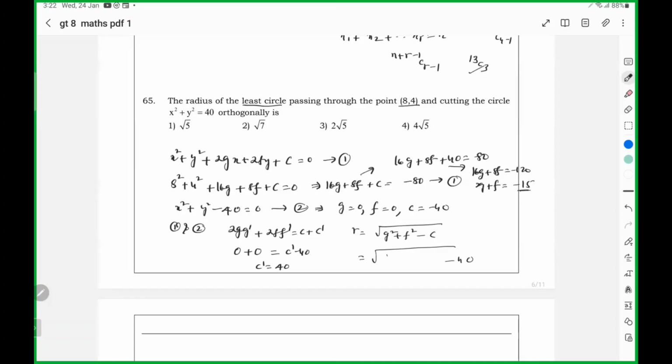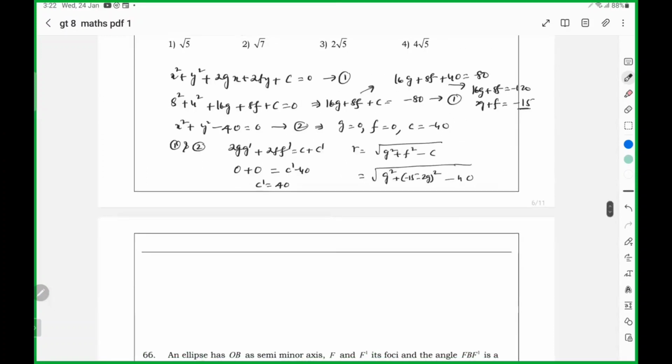So now in place of F, you write, which is equal to G square plus 225 plus 4G square minus 40.